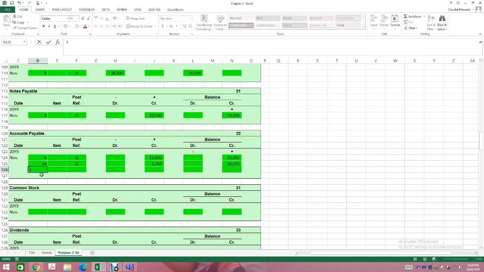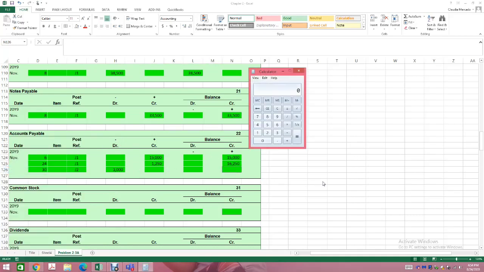And then last but not least, on the 30th, we had journal 2 and a debit of 3,000. Because we have a debit, we're going to subtract from our balance. 16,250 minus 3,000 is 13,250 credit balance.